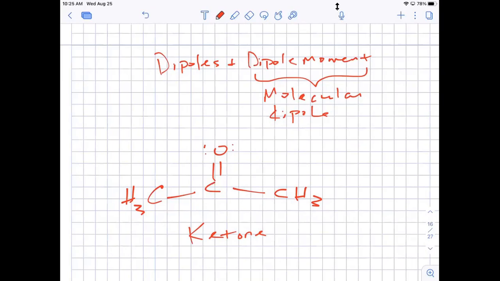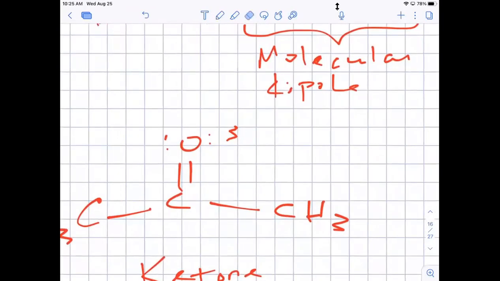So oxygen is 3.5. It's the second most electronegative atom on the periodic table. And then carbon is 2.5. So the difference in electronegativity here is 1. It's actually a very polarized bond. Right?